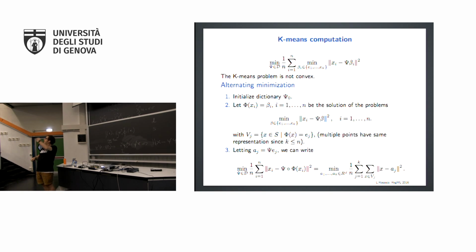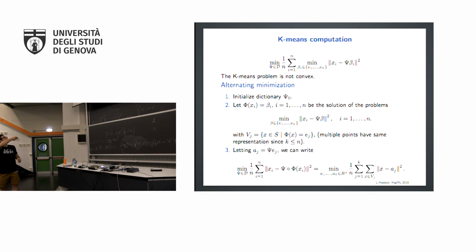Now we have to do the last step of the alternating minimization, which is optimizing again over the dictionary. Okay? So we have to take this thing here, where phi is the minimizer of this, and we still have to minimize over psi.